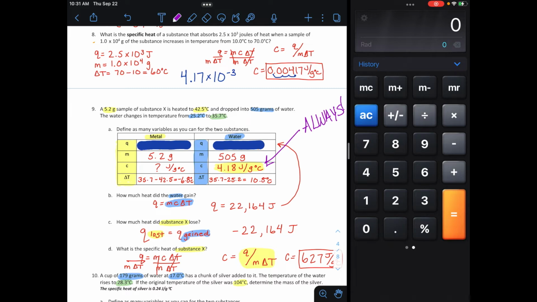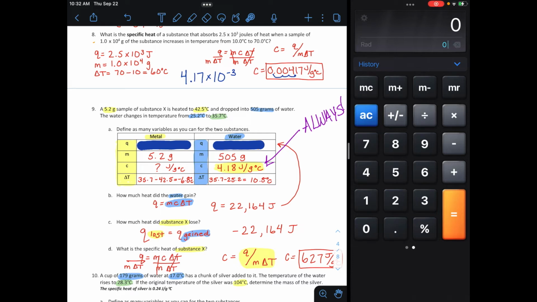Okay, then comes the temperature. Now the temperature, I was very careful to kind of color code. The substance, whatever this is, I called it the metal because a lot of times it is. The substance is heated to 42.5 and then it drops down to 35.7. The water starts at 25 and then raises to 35.7.